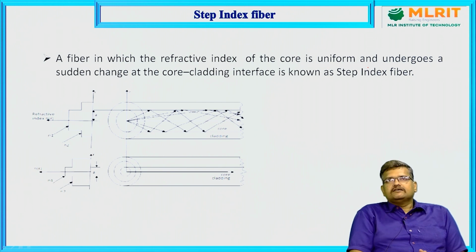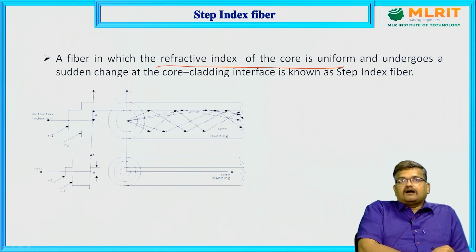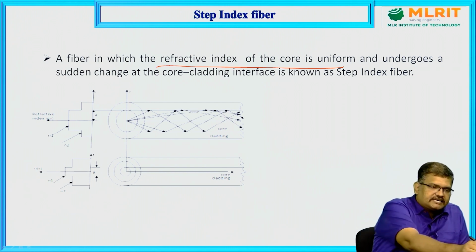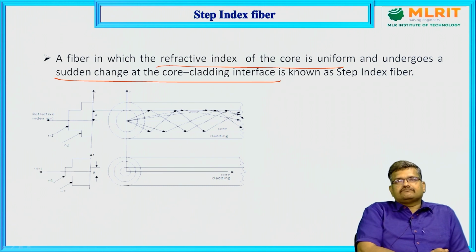Let us see step index fiber. A fiber in which the refractive index of the core is uniform and which undergoes a sudden change at the core-cladding interface is known as step index fiber.